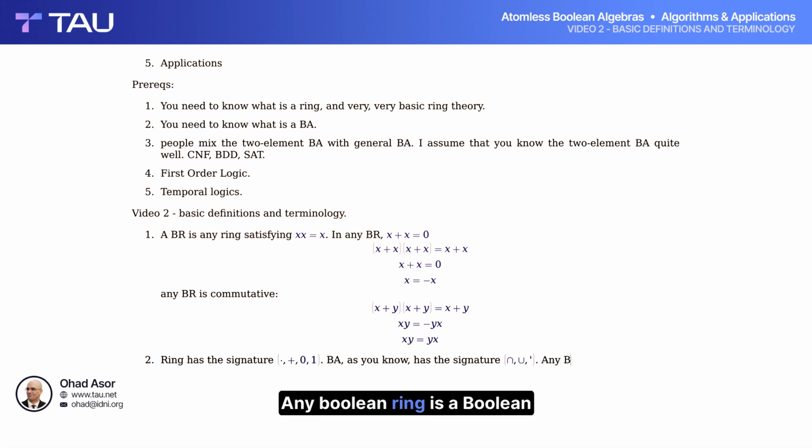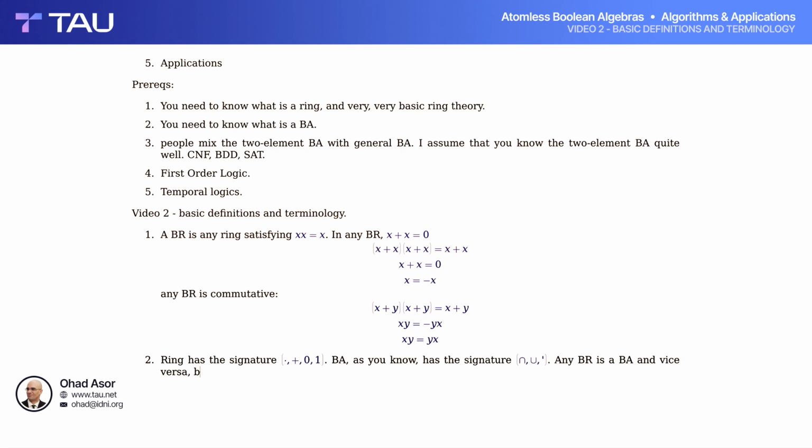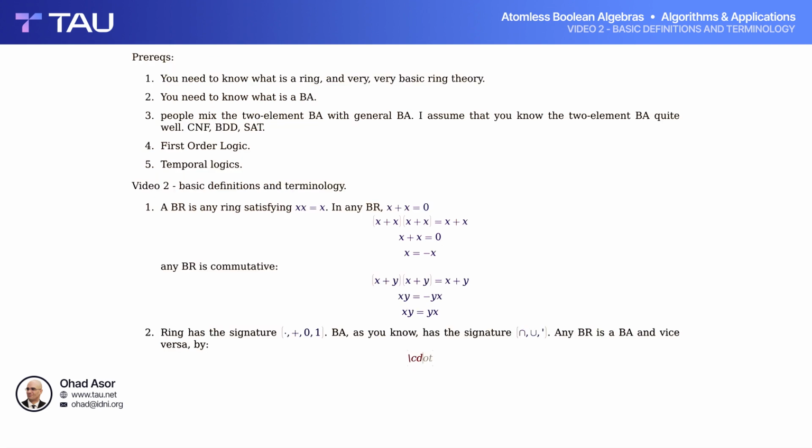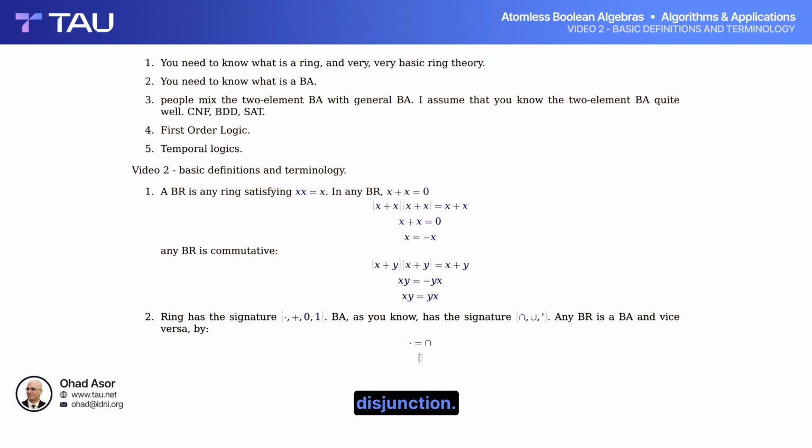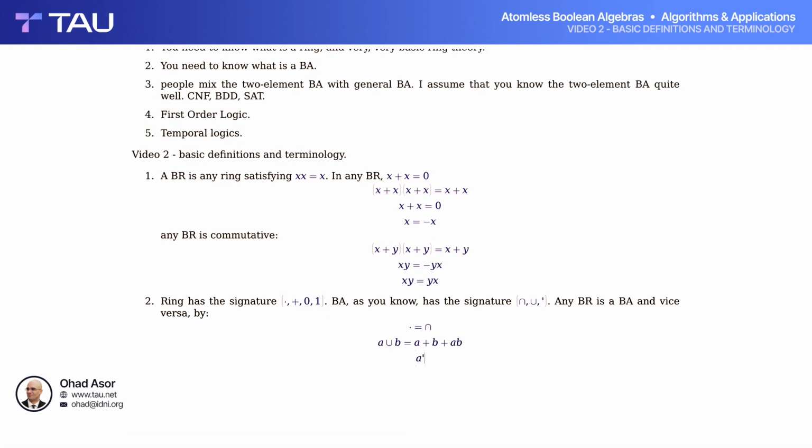Any Boolean ring is a Boolean algebra and vice versa. Multiplication is directly conjunction. Disjunction, so A disjunct B is the same as A plus B plus AB in the ring notation.